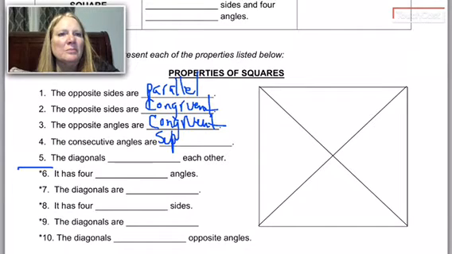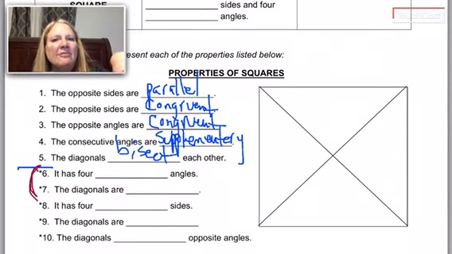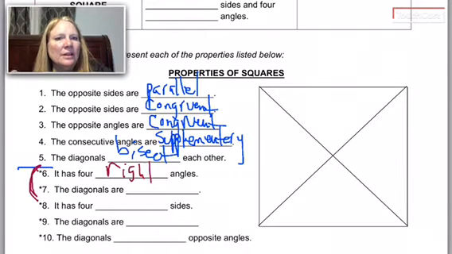Consecutive angles are supplementary. And diagonals bisect each other. Those are true of every parallelogram, but now we have 2 additional properties that we added for rectangles. It has 4 right angles, and diagonals are congruent.